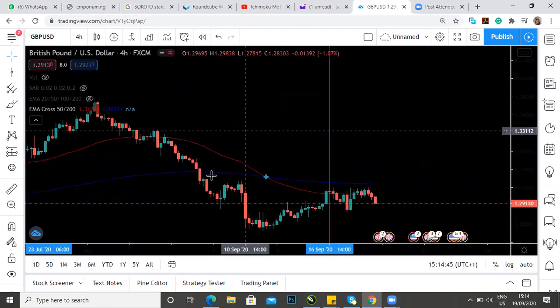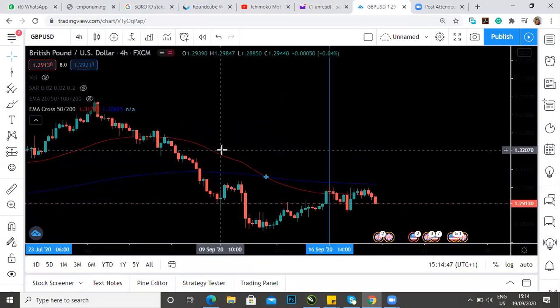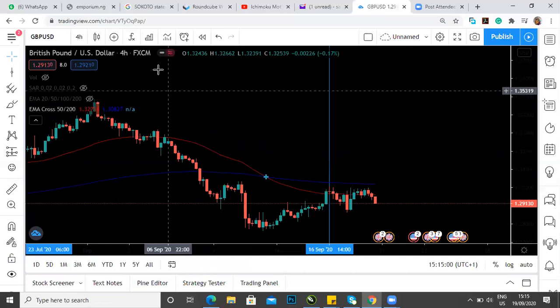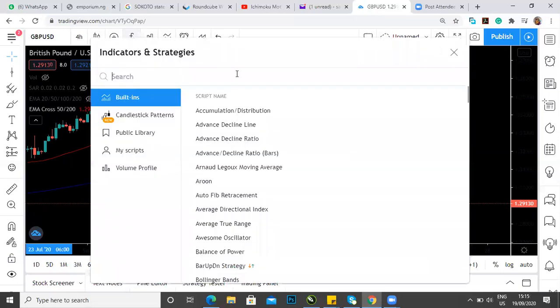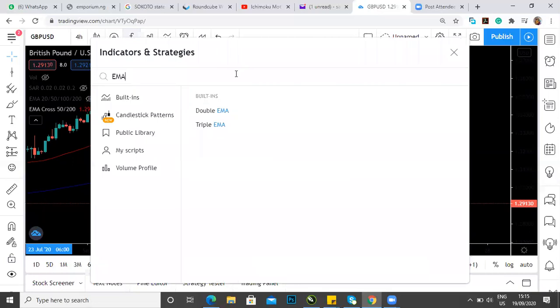Now, it's a default setting. There's no setting for the EMA cross, which is the golden cross and the death cross. And once you want to find the EMA to EMA cross, you come to FX and you put in EMA cross.